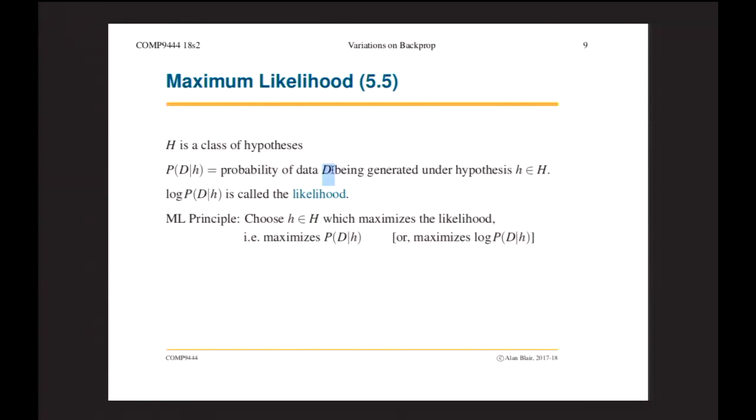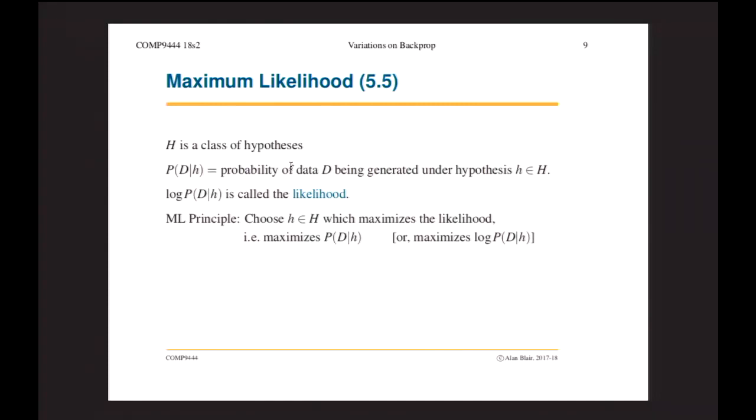And then we observe some data, and so we try to calculate the probability of the data being observed conditioned on that hypothesis. So if that hypothesis is really a true representation of the underlying process, what would be the probability of the data being observed?